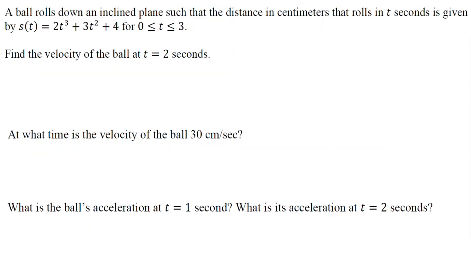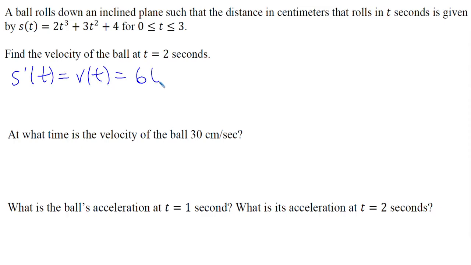All right, for our next one here, we've got a ball rolling down an inclined plane. We've got a distance in centimeters that it rolls in t seconds, given by that cubic, 2t cubed plus 3t squared plus 4. We want to find the velocity at t equals 2, so we'll just find the velocity function by finding the derivative of the position function.